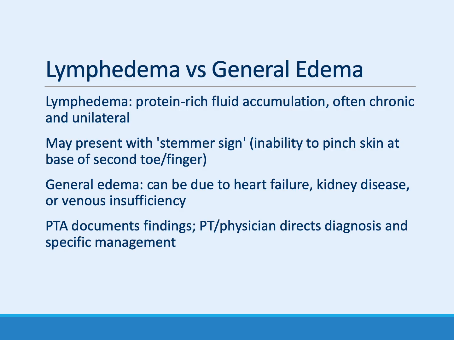It's important to be able to distinguish lymphedema from other types of edema. So lymphedema is often chronic, and it can be unilateral, especially after lymph node removal or radiation from cancer treatment.